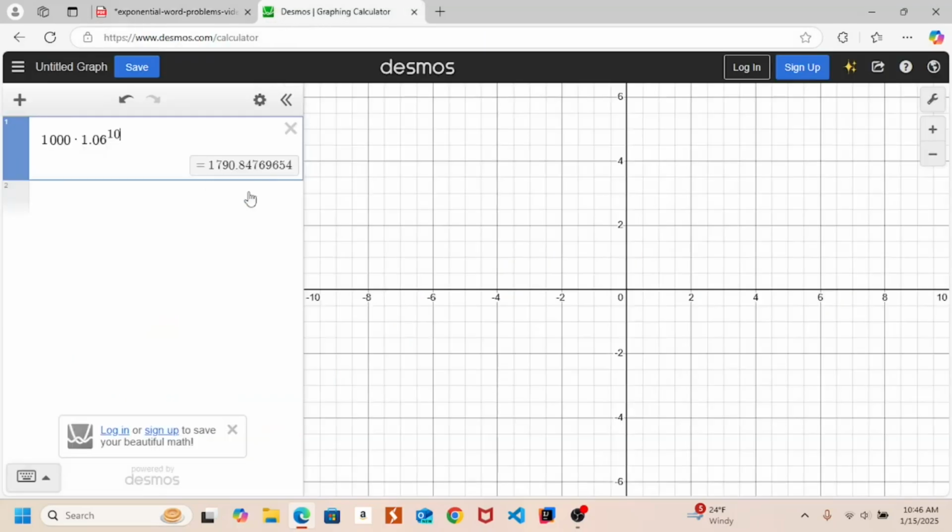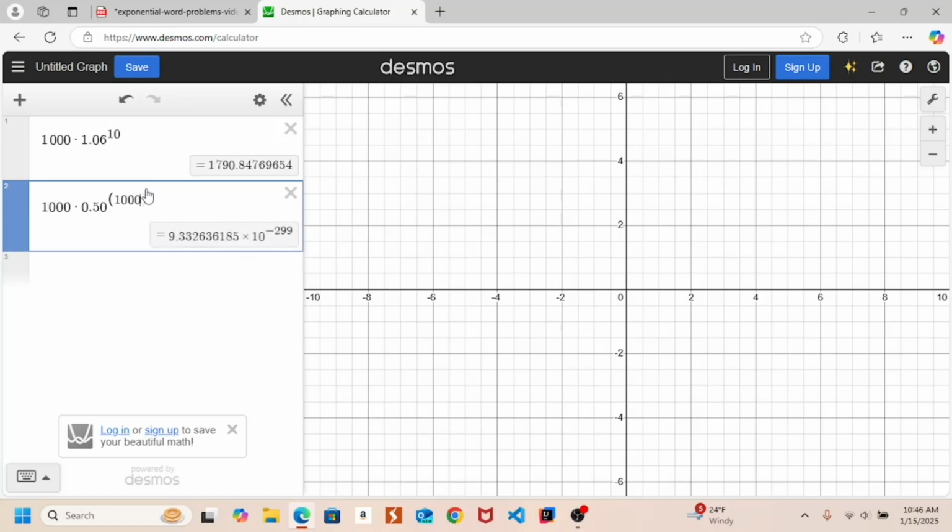Okay, so let's do that in Desmos. We have 1,000 times 0.50, and then we're going to raise that to 1,000 divided by 50. Okay, and in 1,000 years, we're only getting 9/10,000ths of a gram.